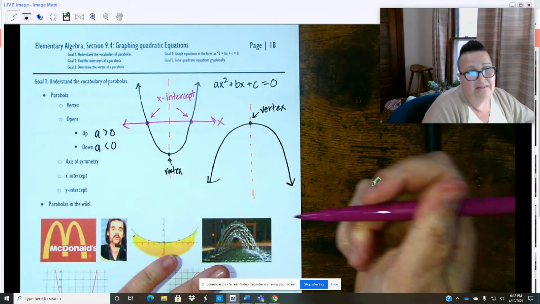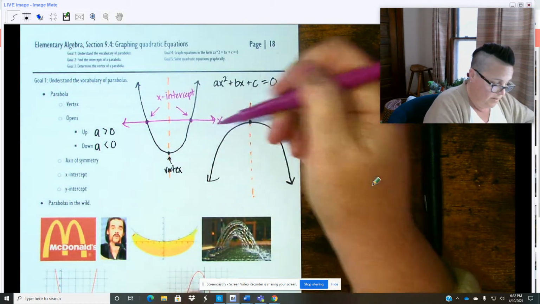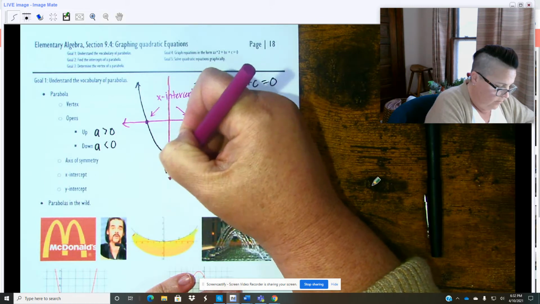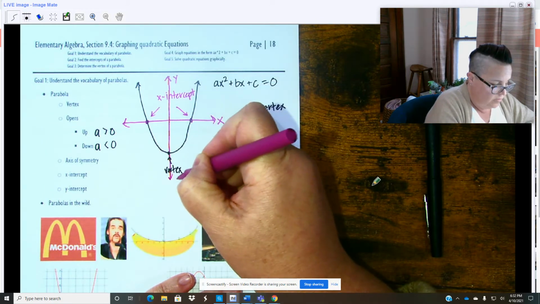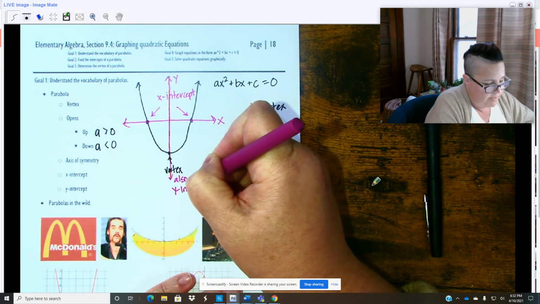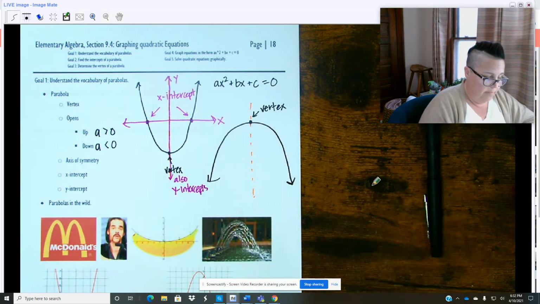The y-intercept is going to occur where your parabola crosses the y-axis. So in this case, if this is my y-axis, then the vertex is also the y-intercept. Doesn't always happen. We'll see some graphs a little bit later on where that doesn't happen.